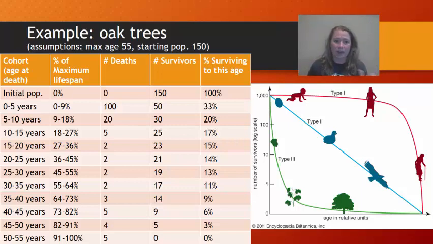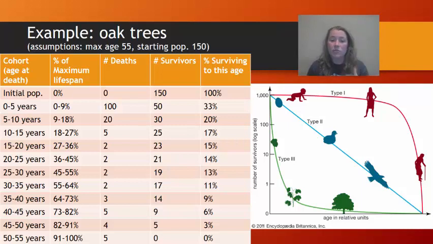Then from the age bracket of 5 to 10 years, so we're looking at how many individuals died in that age bracket. So we had 20 individuals die, so now we're down to 30 surviving individuals out of our initial 150, so we have a 20% survival rate.